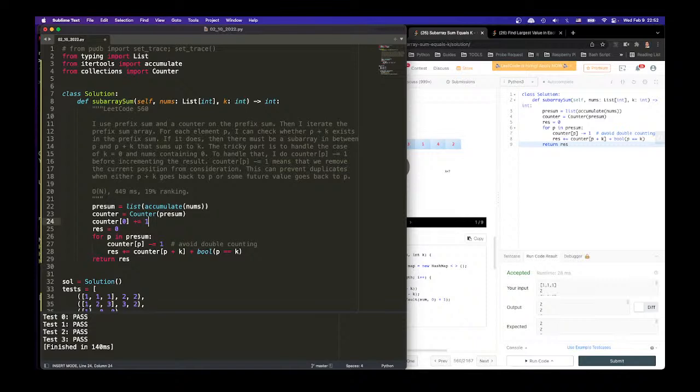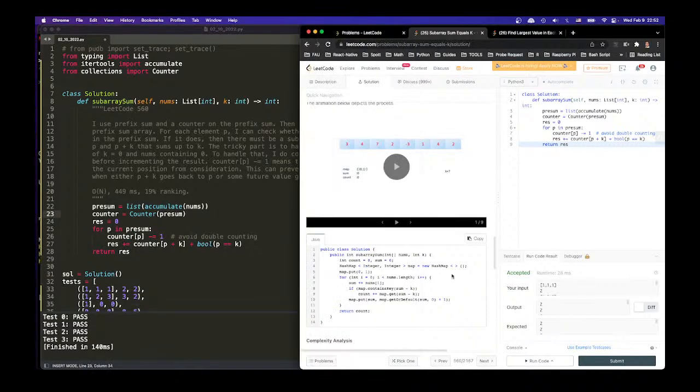Actually, no. This is minus, right? That means if it's equal, then I minus, that's fine.